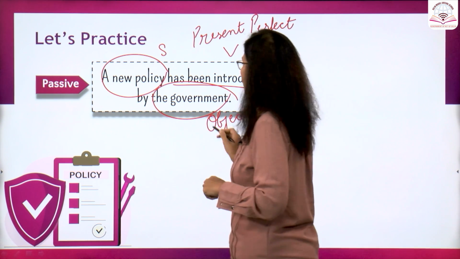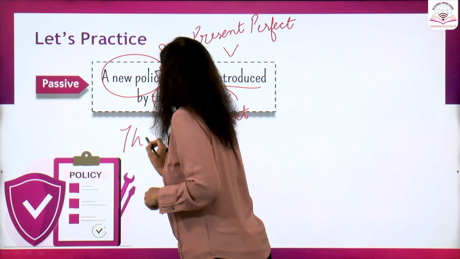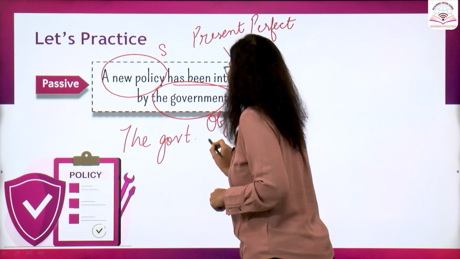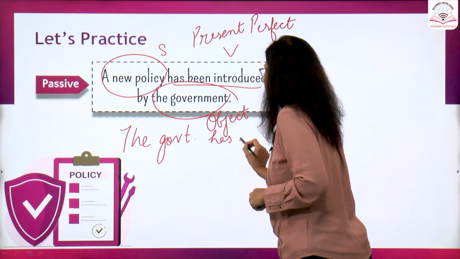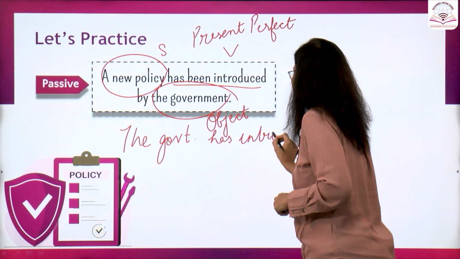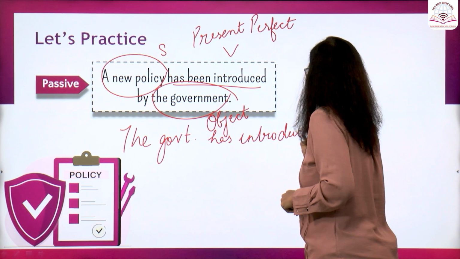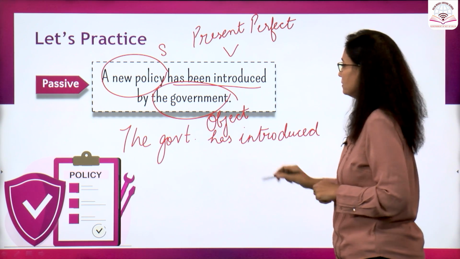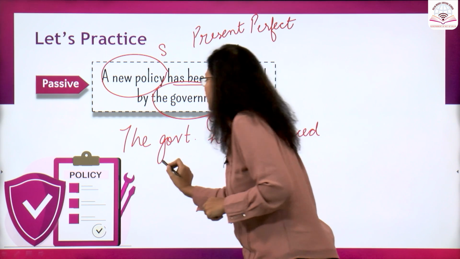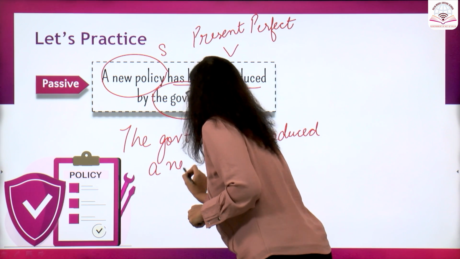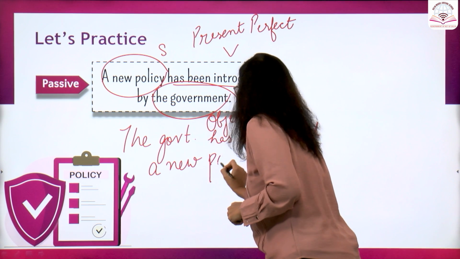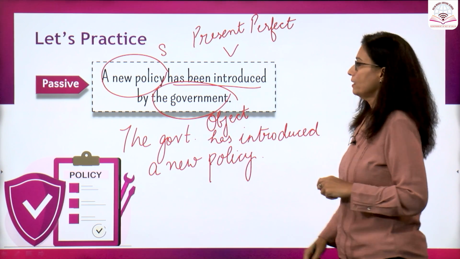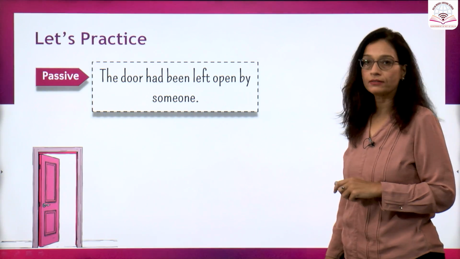So, our answer will be the government has introduced. Remember, we are using the present perfect tense. The government has introduced a new policy. Here it is.